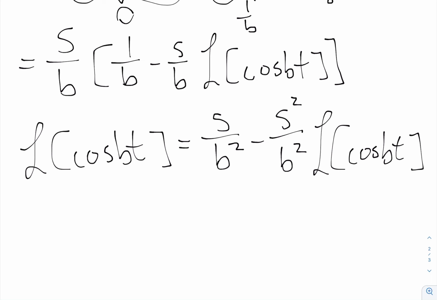Like in integration by parts, sometimes when you integrate an integrand multiple times, you see it on both sides. And when you see that happen, you can think of it as an equation, not just you evaluating an integral.